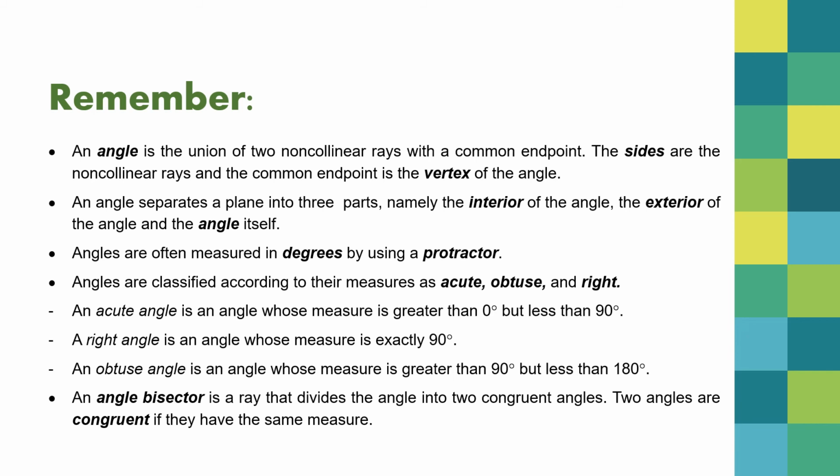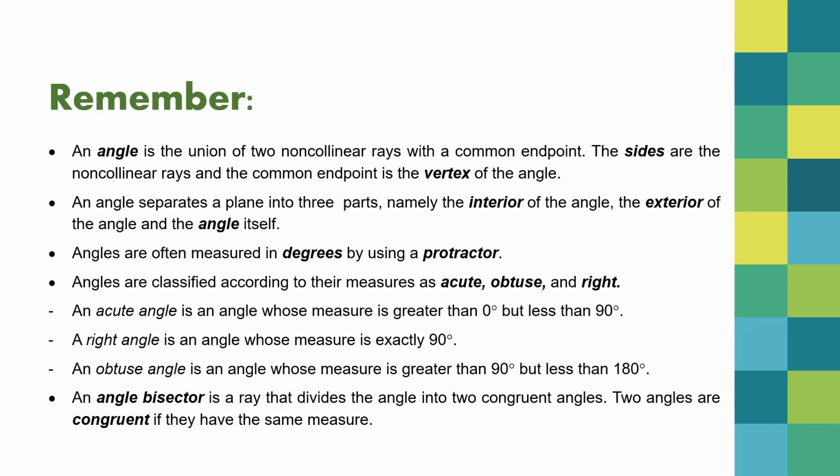An angle separates a plane into three parts, namely the interior, the exterior, and the angle itself. Angles are often measured in degrees by using a protractor. Angles are classified according to their measure as acute, obtuse, and right angle.